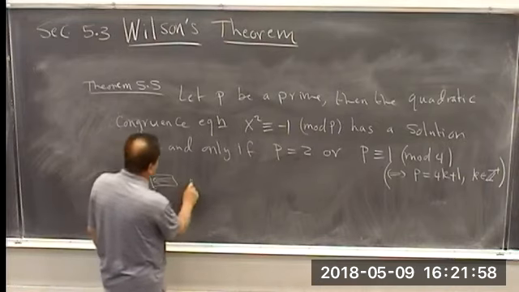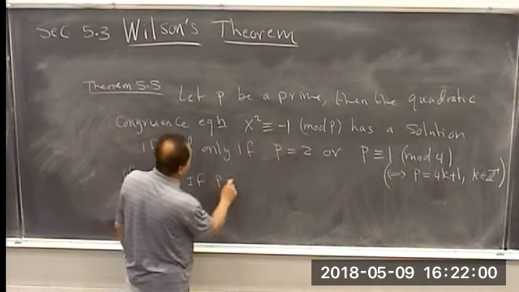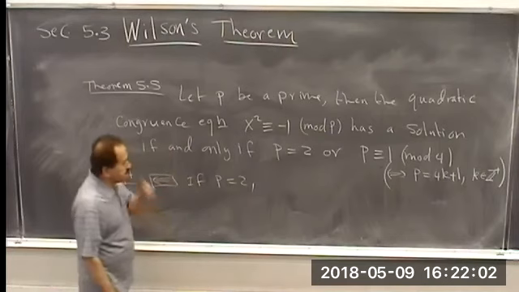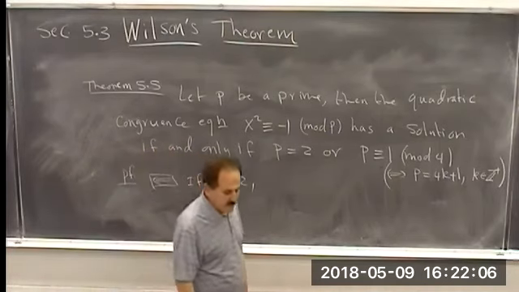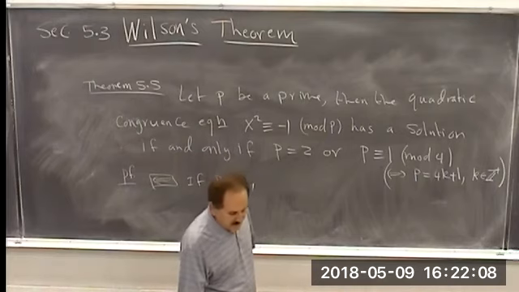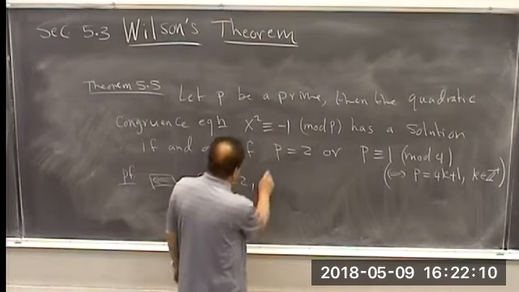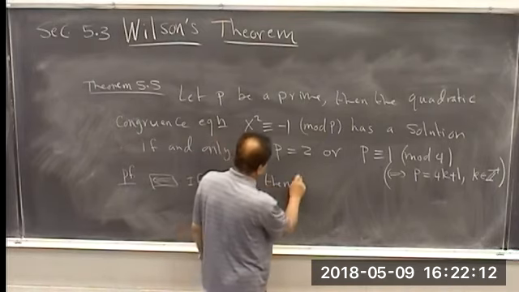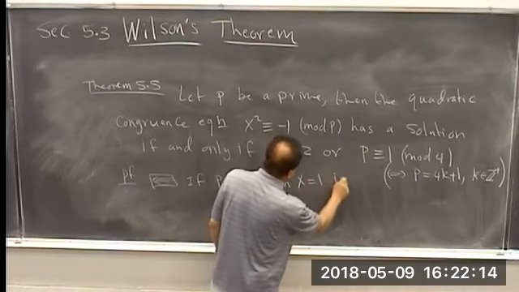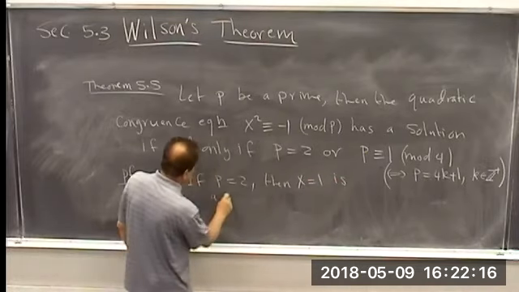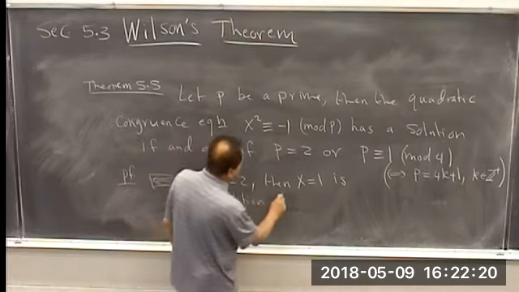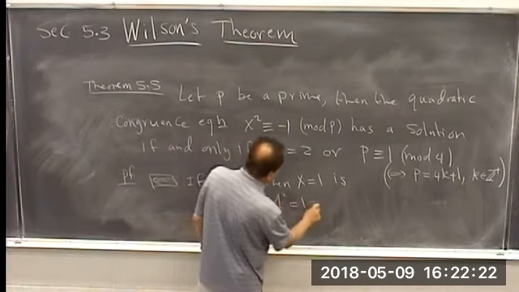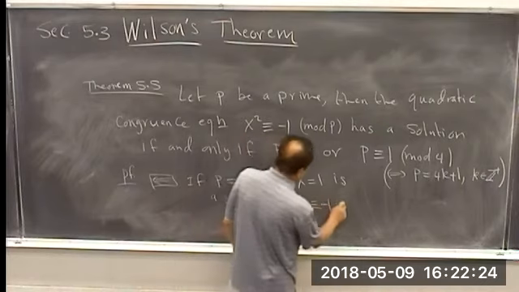So if p is equal to 2, then actually x equal to 1 is going to be a solution. Now we can do this one just by checking, because 1 squared is equal to 1, and this is congruent to negative 1 mod 2.